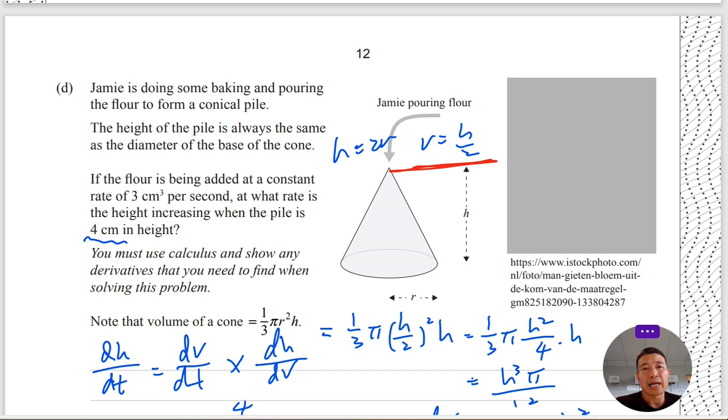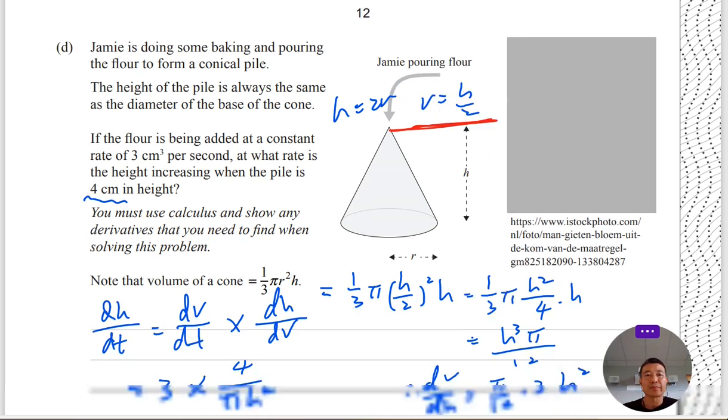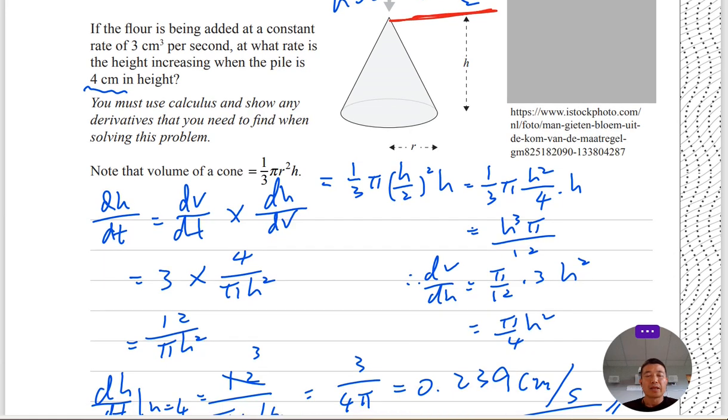If the flour is being added at a constant rate of 3 centimeter cubed per second, at what rate is the height increasing when the pile is 4 centimeters in height? All right, now you have to start with the question. You are finding dh dt, isn't it? So dh dt, and we have to use what we know. We know dV dt, which is 3, times, we can differentiate this, right?